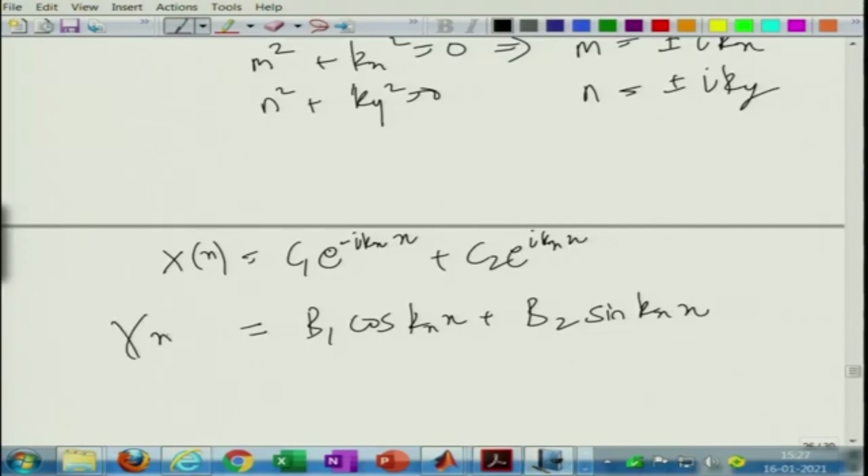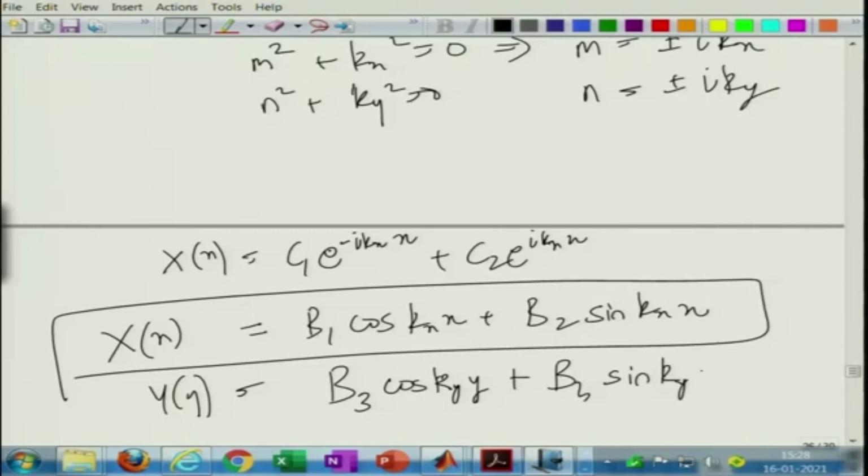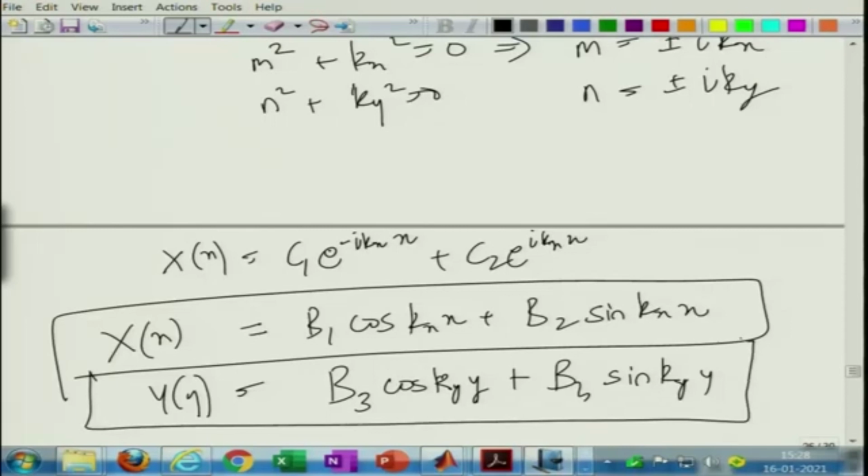And similarly for Y, this kind of a thing.